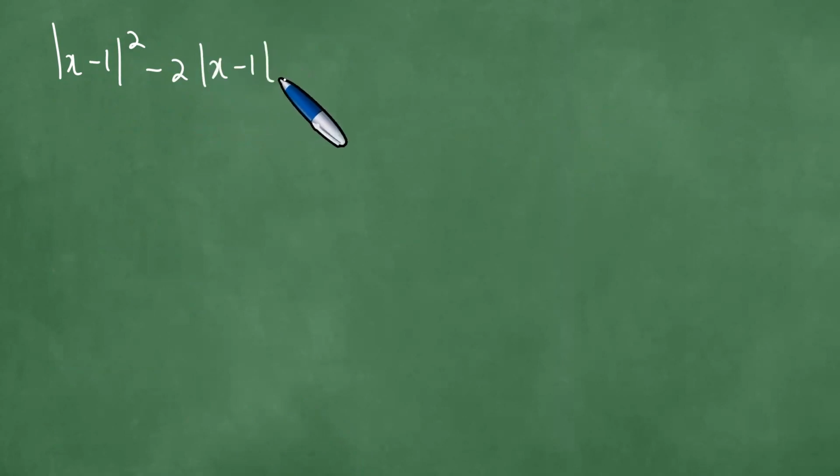We've seen that we have (x minus 1) squared minus 2 times the modulus of x minus 1, and this result is greater or equal to 0. Okay, just to note that it is greater or equal to 0. And then what do we do next? We factor out the modulus of x minus 1.